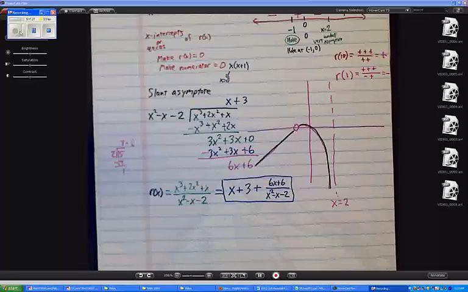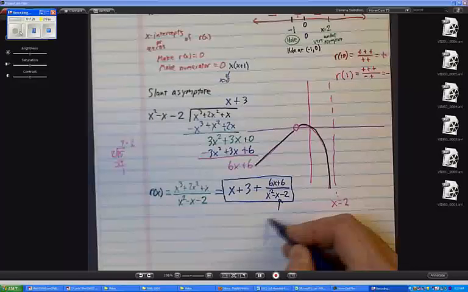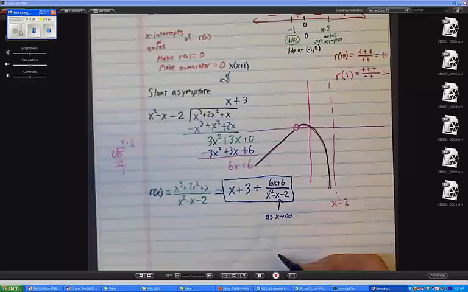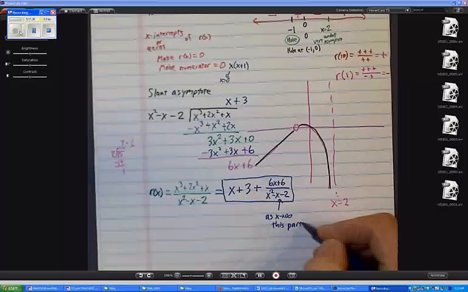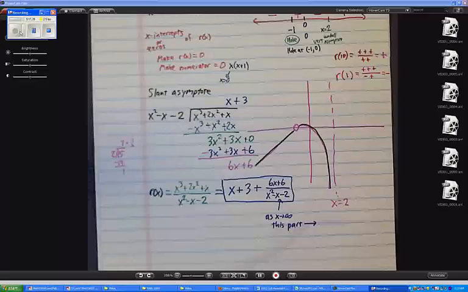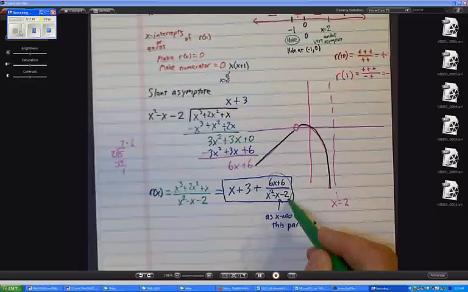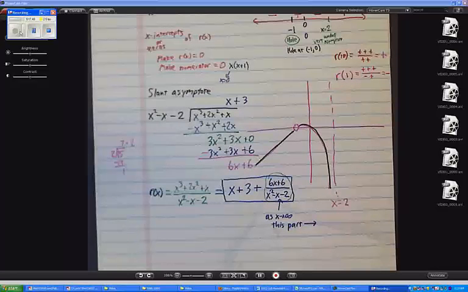As x goes to infinity, this part approaches, you probably know. What happens to this little piece of the function when you put in a really big number? It goes to 0. How come? The degree of the denominator is bigger.